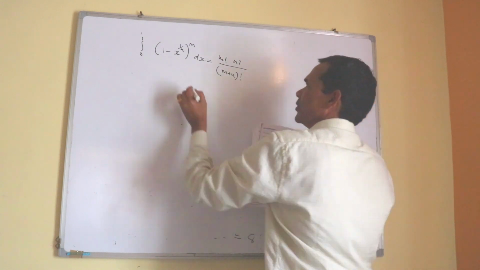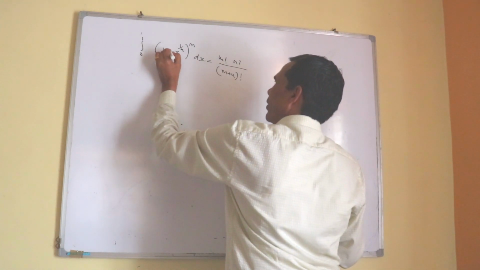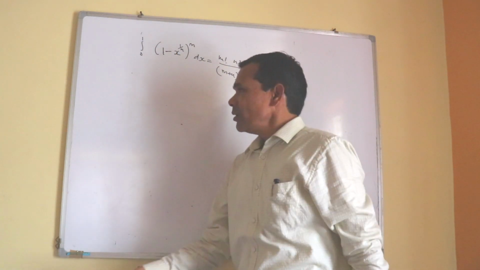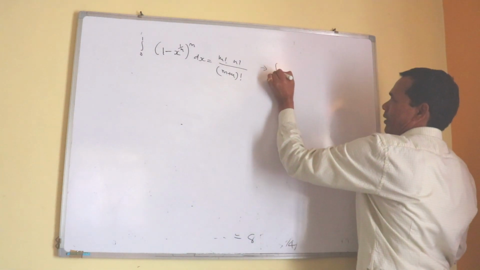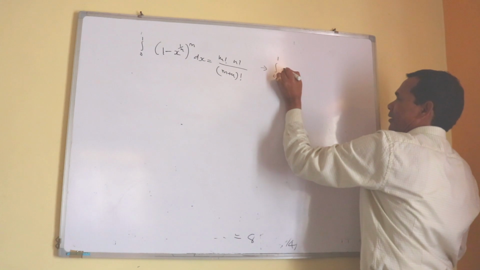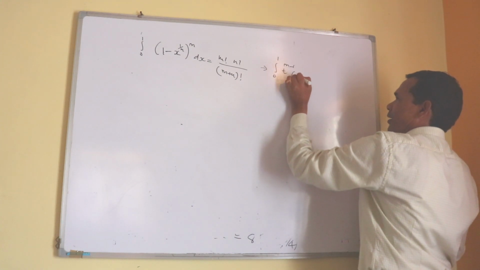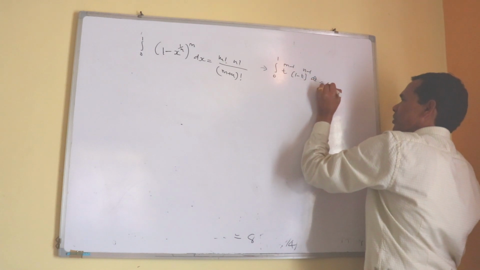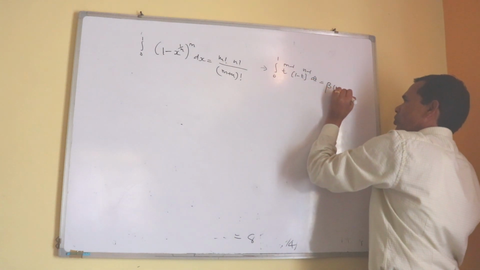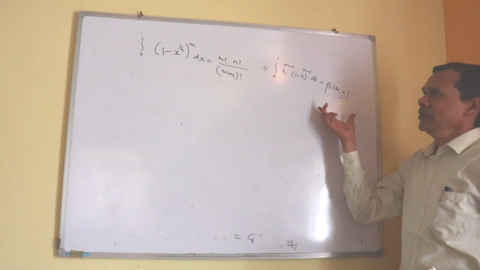Now if you observe the limits 0 to 1, the integral 0 to 1 of t raised to m minus 1, 1 minus t raised to n minus 1, dt, is equal to beta of m, n. So we are using this integral here.